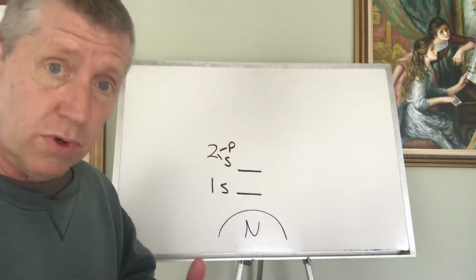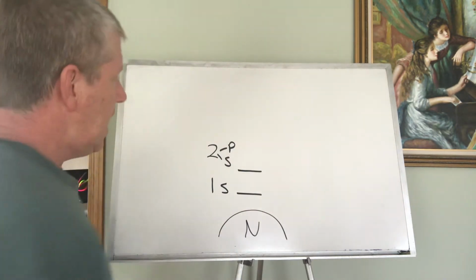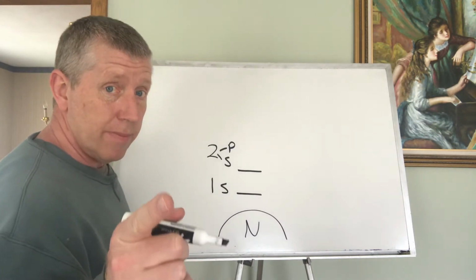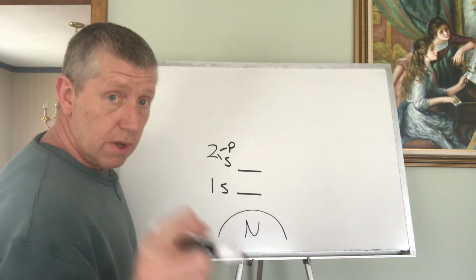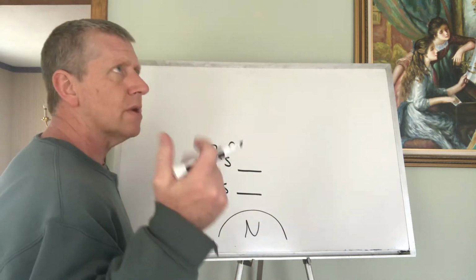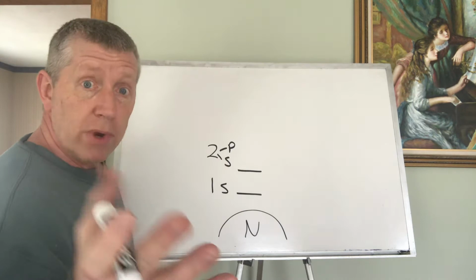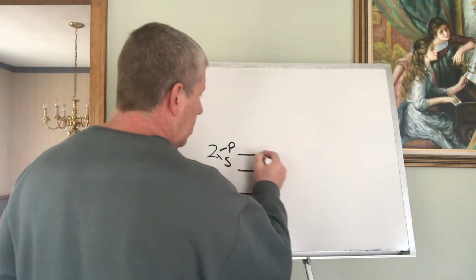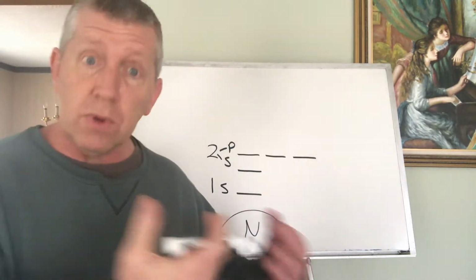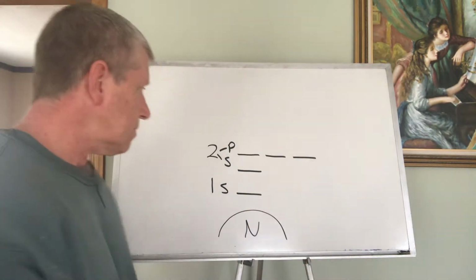That's always true. A P sublevel, remember how many electrons that can hold? 6. Therefore, each orbital can hold 2 electrons, 6 electrons divided by 2, that's 3. That would be 3 orbitals possible in the P sublevel.